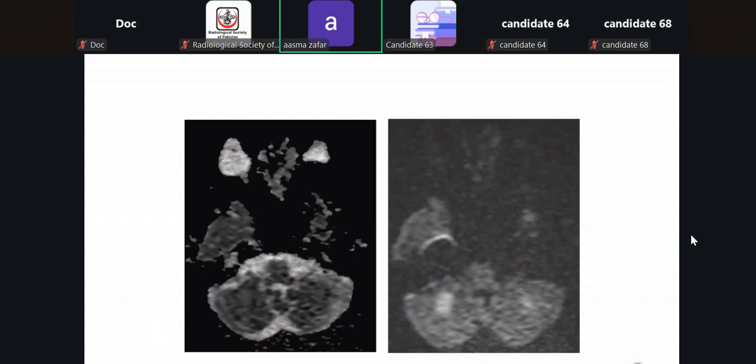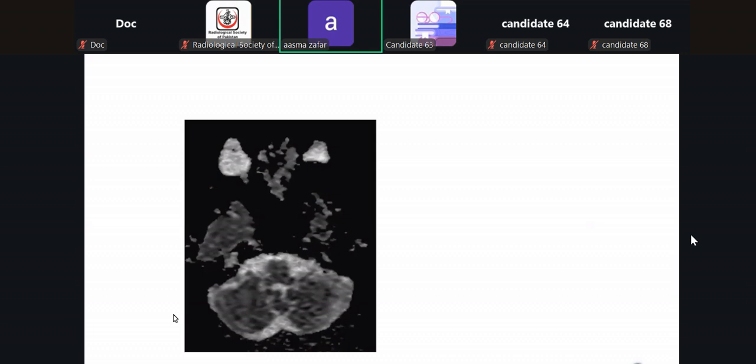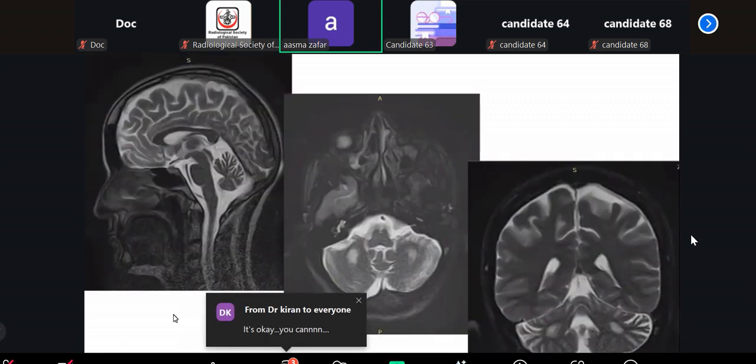What comes to your mind? These are the previous images. Cerebellar atrophy. Okay.